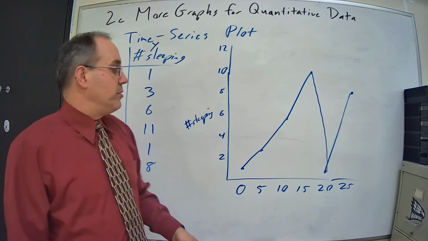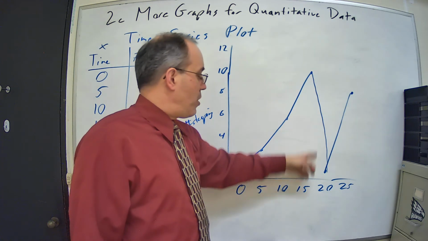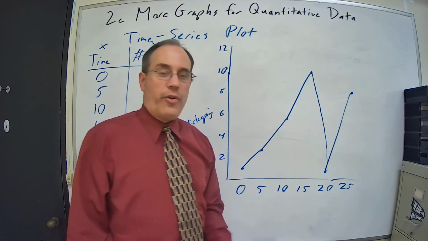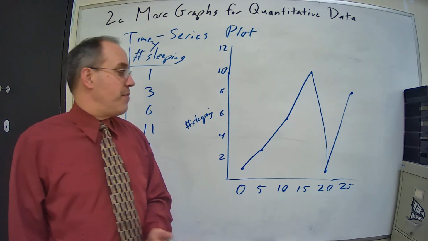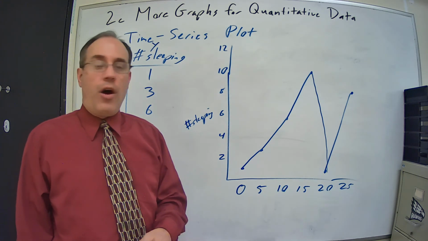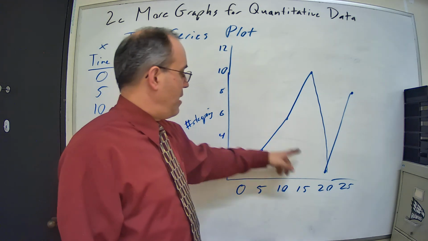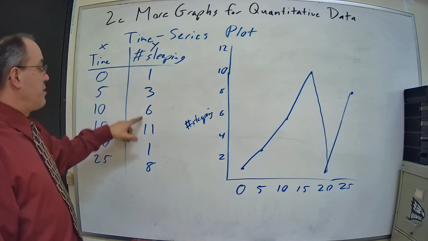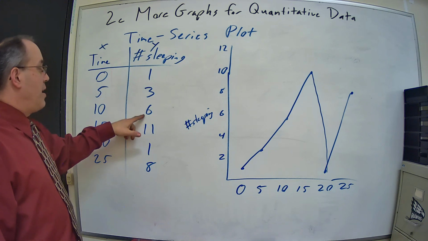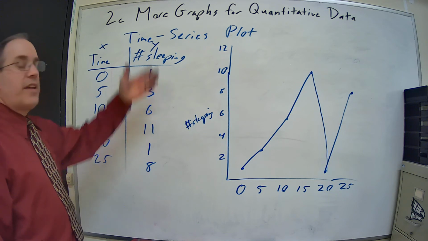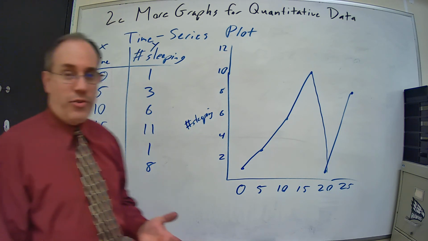Sure, I slammed a book somewhere at 18 minutes, which caused people to wake up, and so I had only one person asleep at 20 minutes. But for all we know, in between 10 and 15, it went from 6 to 11, but it may have gone down to nobody and then up to 11, or it may have gone up to 20 and back down to 11.